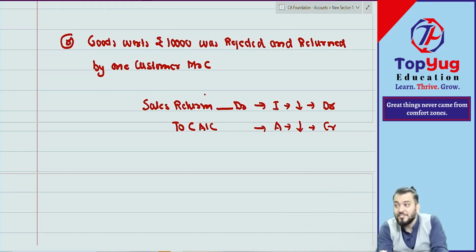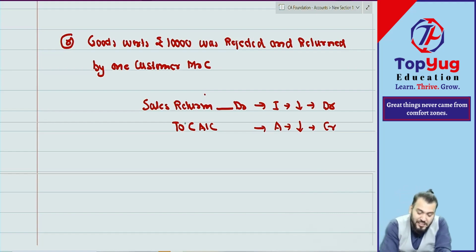For sale of goods we create an asset, and for purchase of goods we create a liability. Here C was a debtor. Now there will be a decrease in debtor, which means decrease in asset.